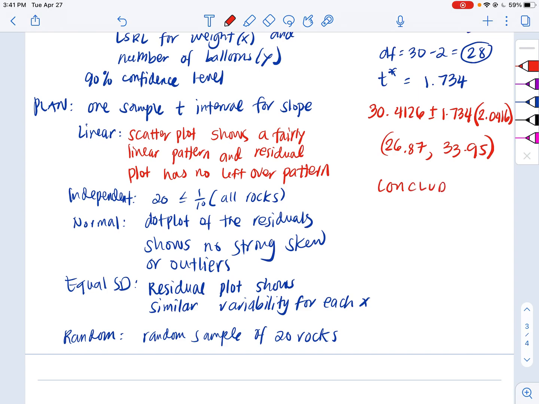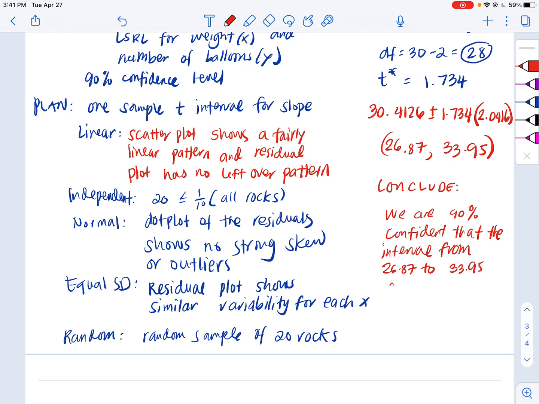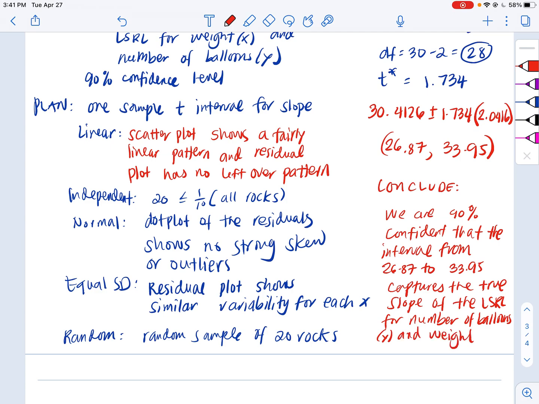The only difference is, conclude: we are 90, not 95, confident that the interval from 26.87 to 33.95 captures the true slope of the LSRL for number of balloons, that's number of balloons is our Y, I didn't have space, and the weight, which is our X. And there you go. That's all you have to do.